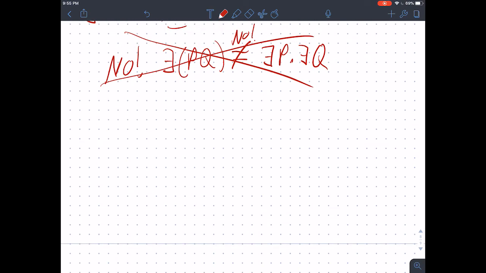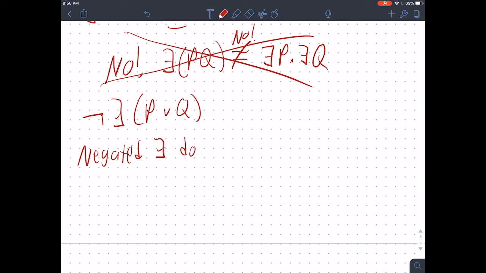And also, if you have a negation sign in front of it, that doesn't distribute either. So you can't do what I'm doing right here.